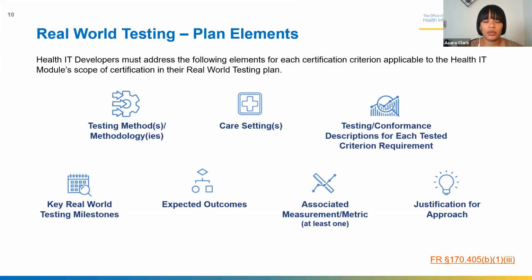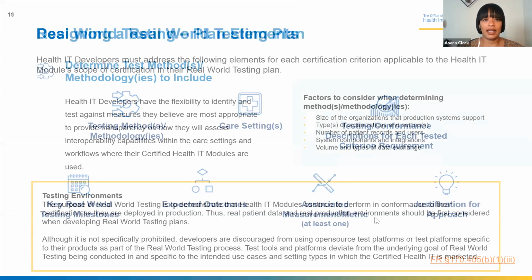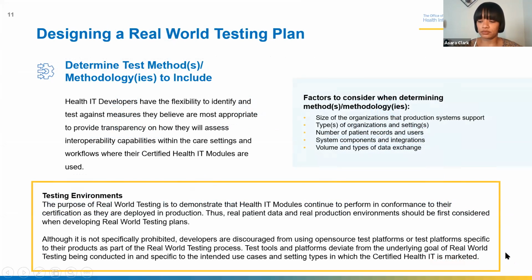You have to have at least one in each plan, and the justification for your approach to real-world testing. So let's dig into this just a little bit. And I'm going to actually go over each one in a little bit more detail, just to talk about what is expected and how you want to approach making sure that you address each of these elements.